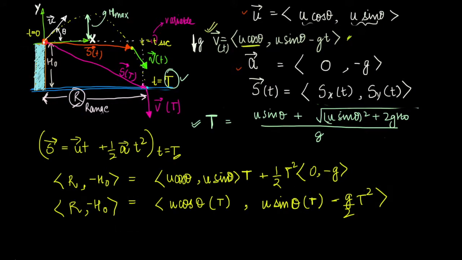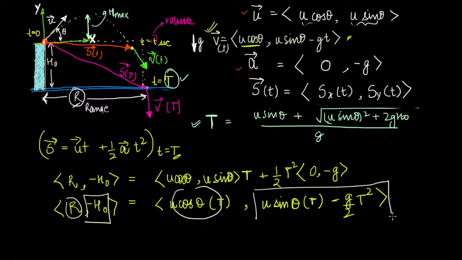All right, so what can we do with this vector? Well, it's really simple now. We must equate the x component with the x component and the y component with the y component. Let's see what relations we get. What we get is R, or the range, is T times u cosine theta.